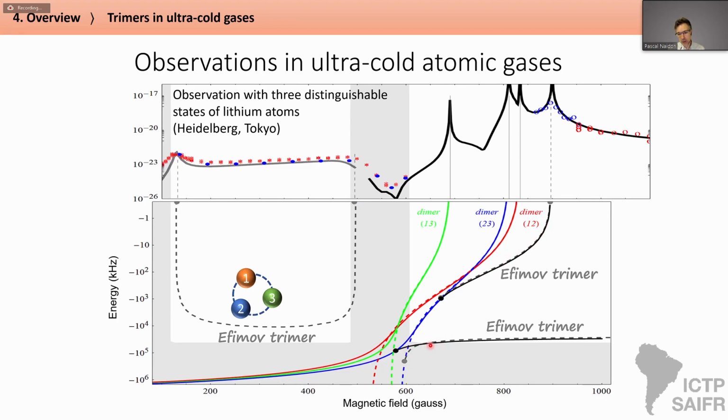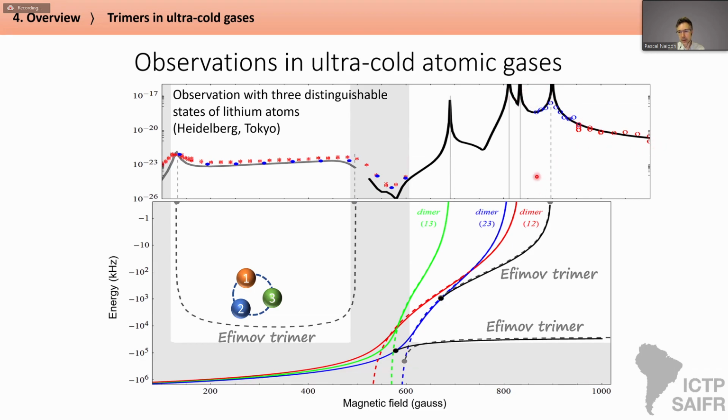And this one would just dissociate into this 2,3 dimer, and this one as well. But this one also dissociates at the three-particle threshold. And it's possible to also predict the rate of the losses by three-body recombination, and one gets some curve like this.